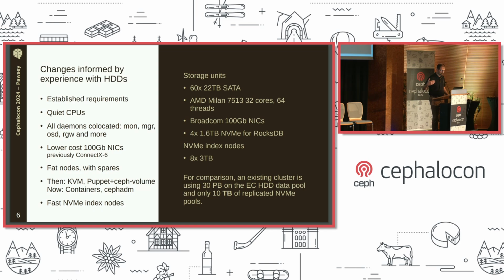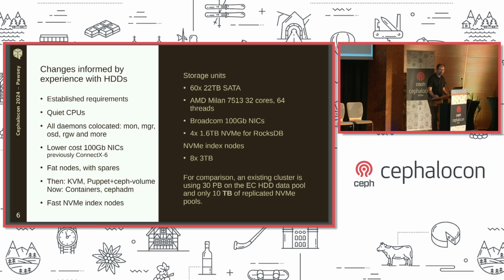So with each successive new cluster, we've dropped the CPU intensity, and we've done this again with the newest cluster. It has 64 cores for each storage unit, and this time that also includes all of the other co-located daemons. It's not yet clear that the production workload will be perfectly aligned to that, but Ceph ADM makes it easier than ever before to move daemons to different hosts.